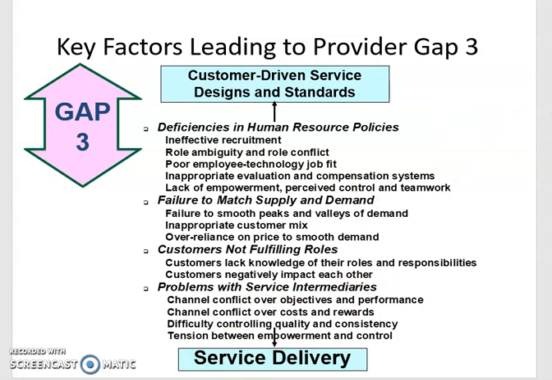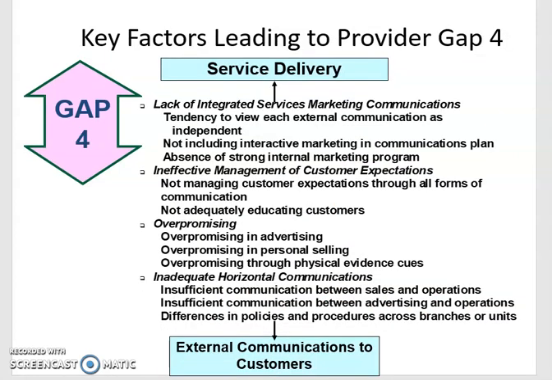Then followed by the next gap, which is gap 4. Gap 4 explains something called the communication gap. Here, marketing communication is very important, so that we have continuous engagement with our customers, so that they develop a tendency to view the communication as an independent aspect.